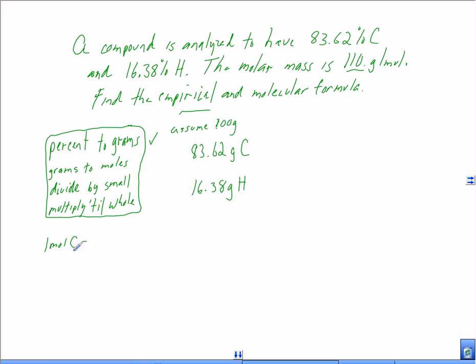I look up carbon, and 1 mole of carbon has a molar mass of 12.01 grams. And 1 mole of hydrogen has a mass of 1.01 grams. And I'm going to use these conversions in my conversion factors.